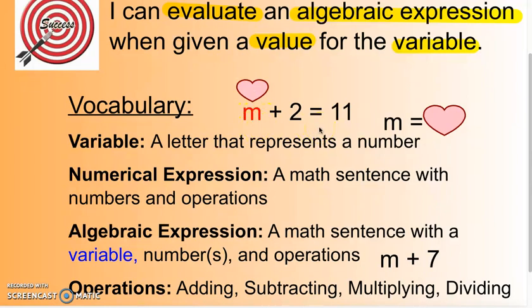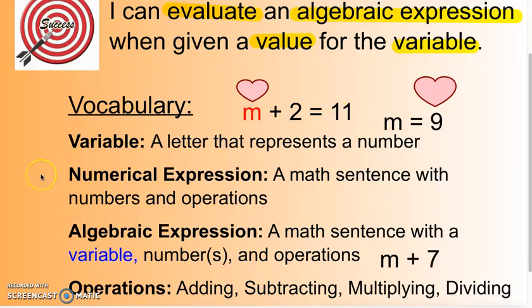And then I can go one step further and figure out what that number is just by looking at the clues. I know that this number, if I add 2 to it, is going to get me to 11. And the only number I can think of is 9. And so that would be my secret number. So variables represent a secret number or a missing number that you're trying to find. And we're using clues to find that.